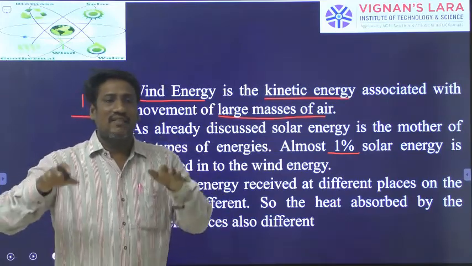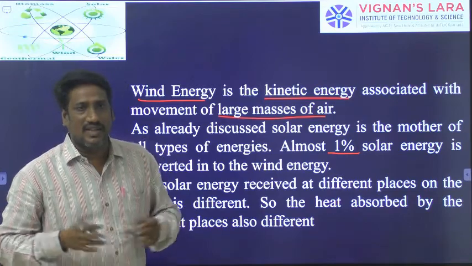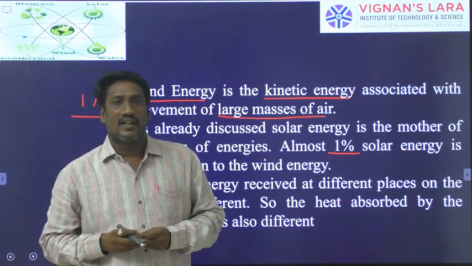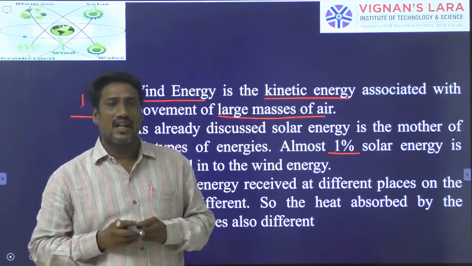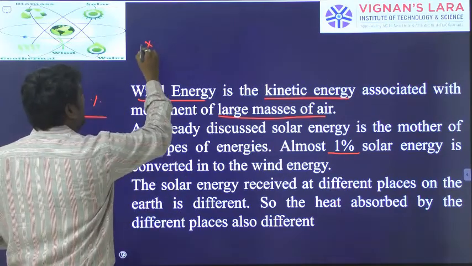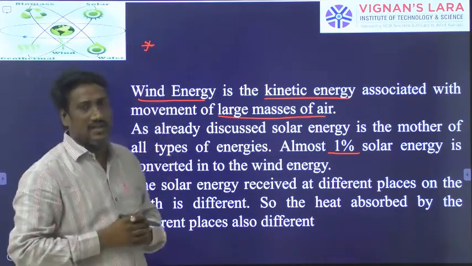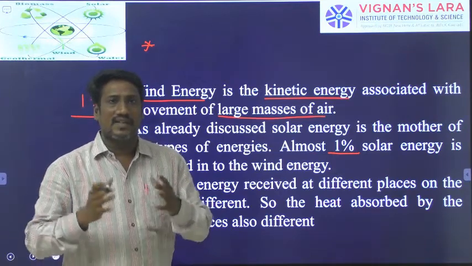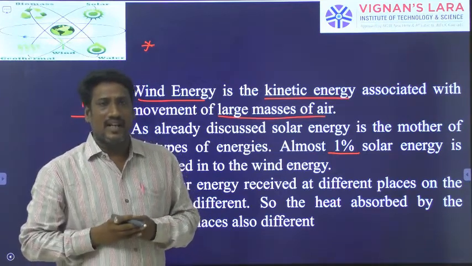So there is uneven heating on the earth. Because of this uneven heating, there is a temperature difference. A very important point is that because of the temperature difference between different places, pressure will be created.